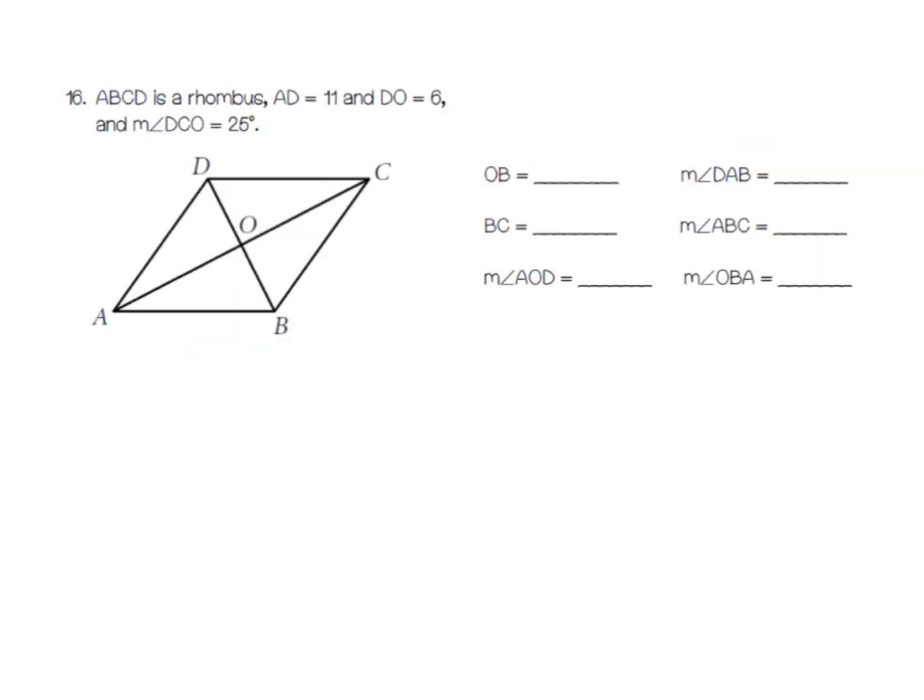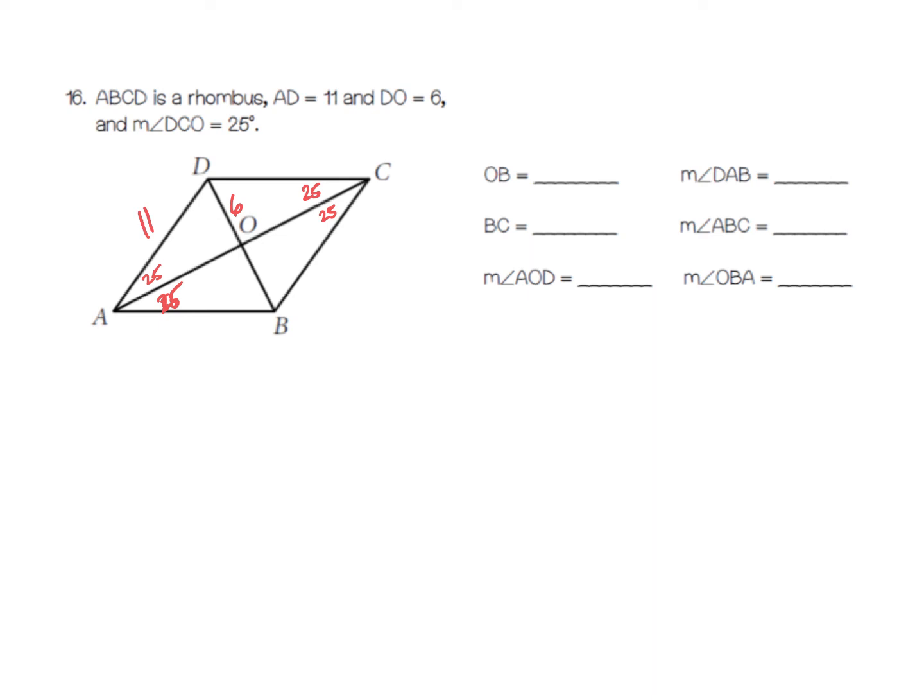ABCD is a rhombus. AD equals 11. DO is 6. And the measure of angle DCO is 25. Okay, so we just talked about how the diagonals are bisecting the opposite angles. So all 4 of those angles there have to be 25.